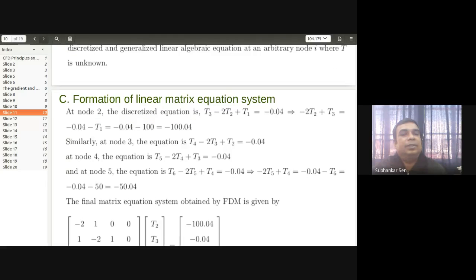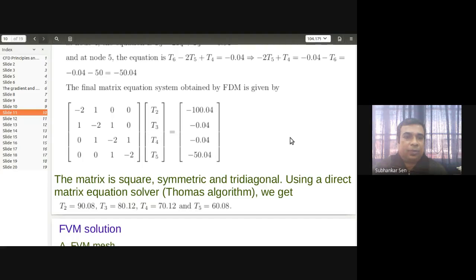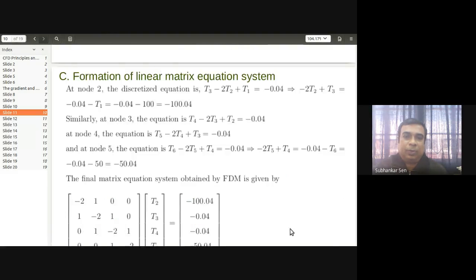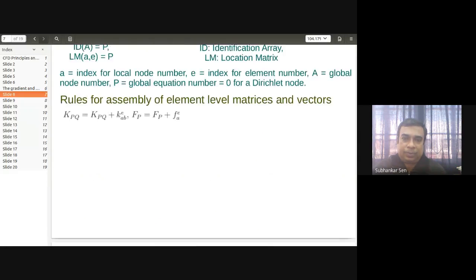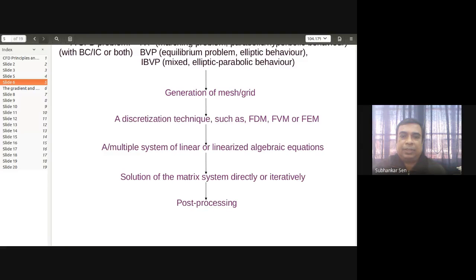Now you apply this equation at node 3, node 4, and node 5, and you generate the equations. Okay. So all these equations, if we write together, we get the system of algebraic equations. So this is the matrix equation system, the system of equations which I was telling here: a single or multiple system of linear or linearized algebraic equations.